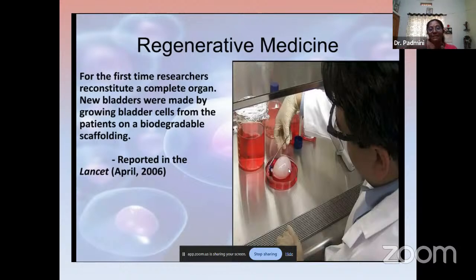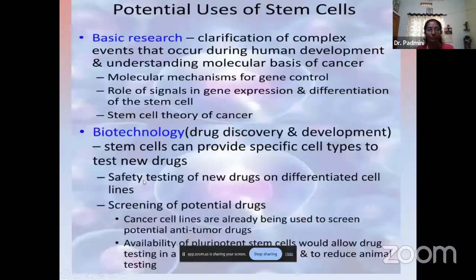You add the stem cells there, and the stem cells grow into the shape of whatever scaffold you have given. After that, the scaffold is removed and the organ is transplanted to whichever patient needs it. So that is one more regenerative medicine that is occurring. This was taken from the Lancet, a journal, in April 2006.